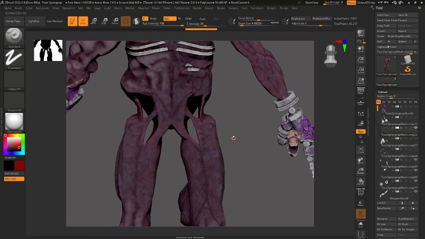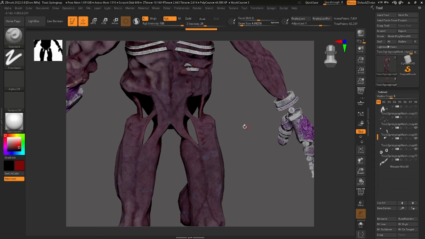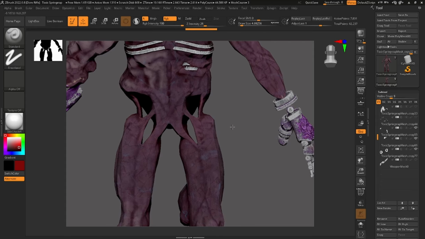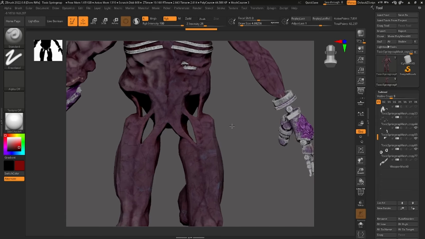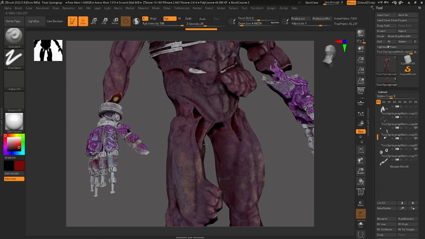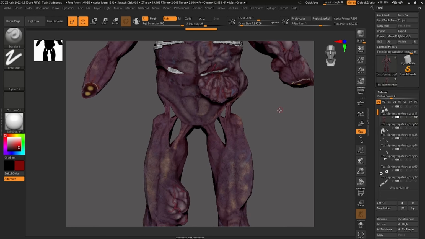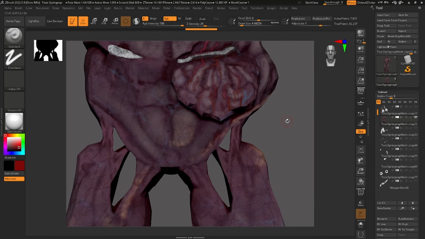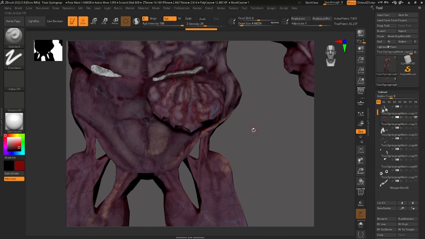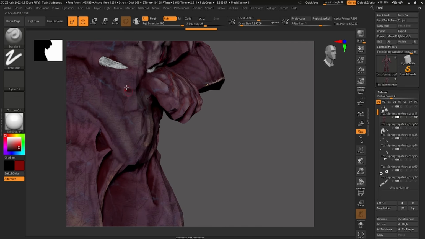So, oh Jesus Christ, back to the hips. Somehow, Toxic Springtrap's pelvis is in worse shape than any of them. Just see right through it. Let's see. So, it looks like Toxic Springtrap has more muscle.